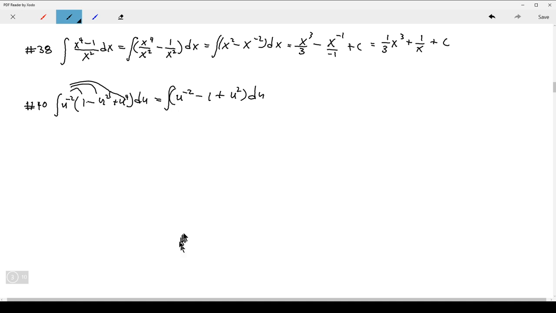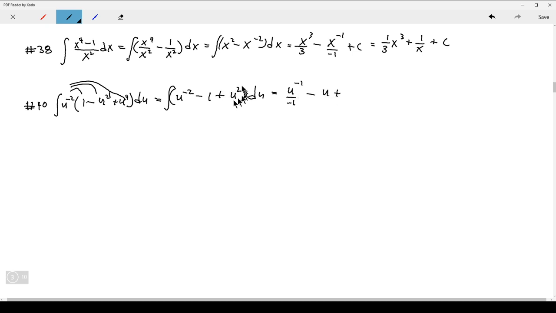So there I have the sum or difference of power functions, and now I can work the problem. I take the antiderivative of u to the negative 2. I add 1 to the exponent, and I get negative 1, and I divide. The antiderivative of 1 is 1 times u, so that's u.